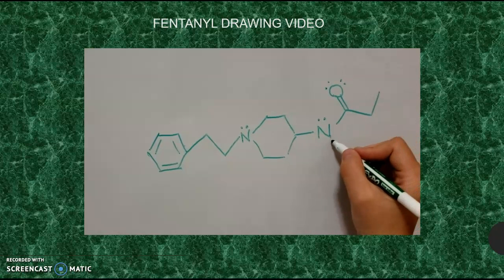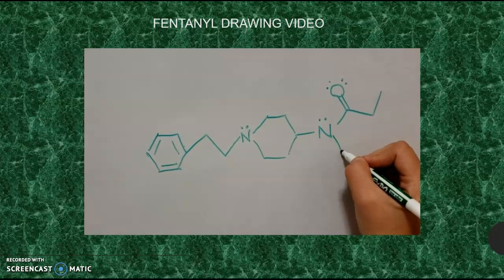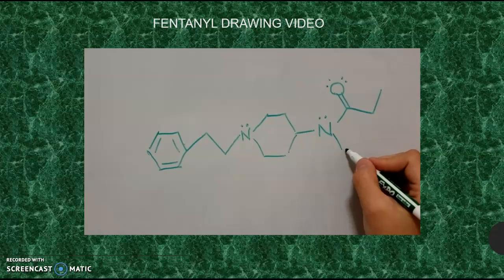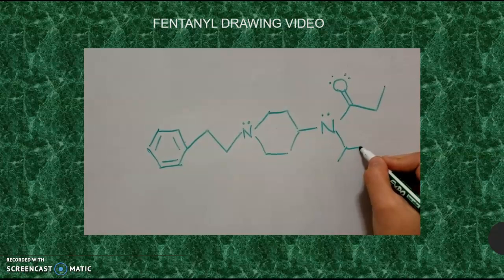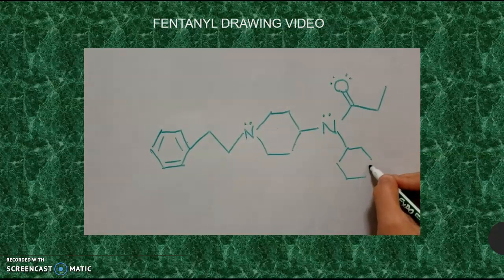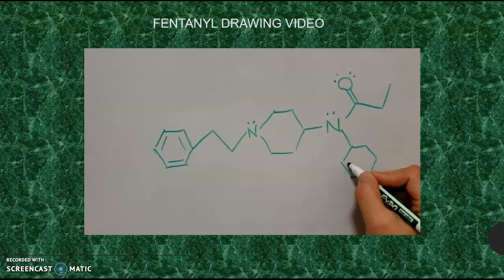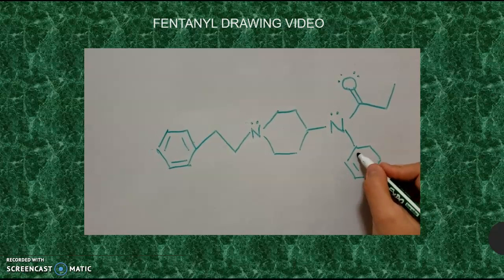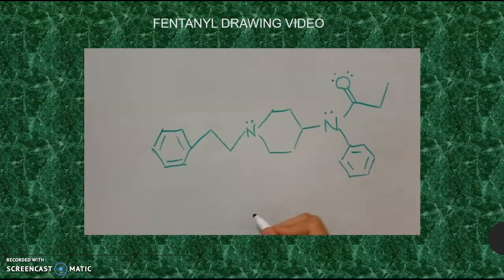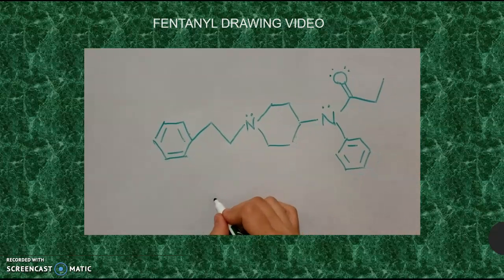This nitrogen is also attached to another benzene, with alternating double and single bonds. And this is the skeletal structure of fentanyl.